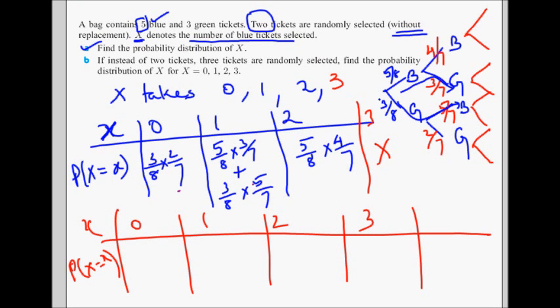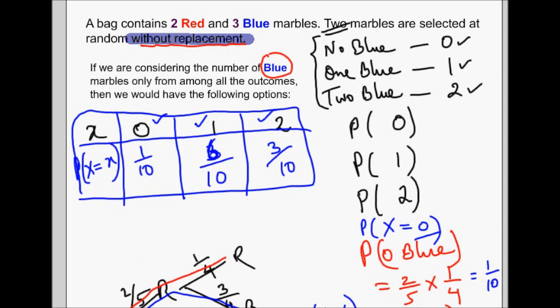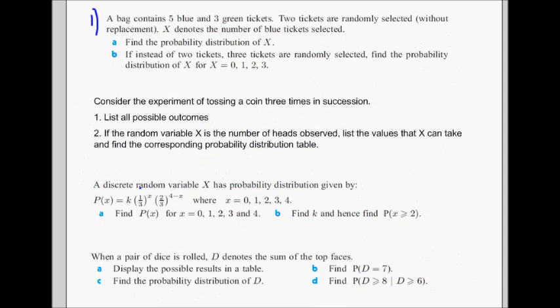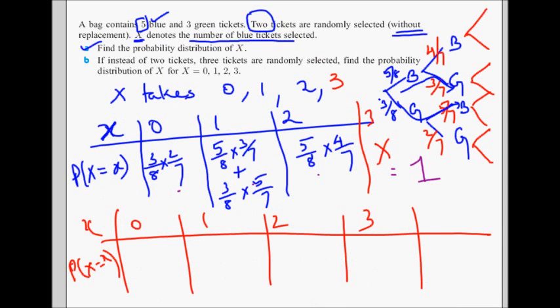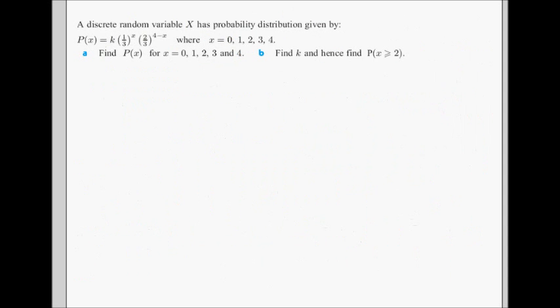If you simplify this and add all these things, you will get 1. We can even consider the example that we did: if you add 1 over 10 plus 6 over 10 plus 3 over 10, this gives you 10 over 10, which is equal to 1. So the probabilities always add up to 1. We can even check that with the next few examples.